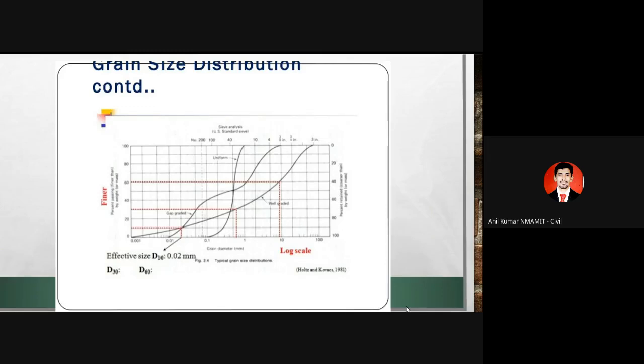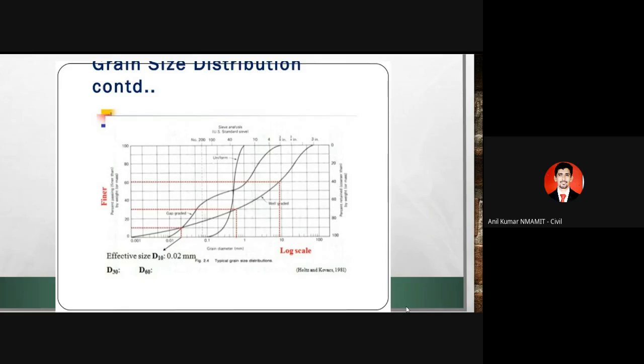In the same manner, a uniformly graded soil sample, you can see in the graph, has only particular sizes of soil particles, it does not have the variety, right? Hence it is called a uniformly graded soil sample or poorly graded soil sample. The third one I have is gap graded.